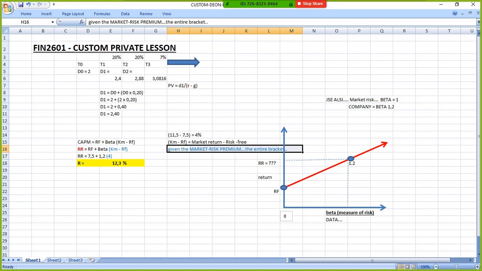The textbook talks about the market risk premium as being the KM minus the RF. So if they talk about market risk premium, they're already giving you the bracket worked out for you. Okay, now I understand.